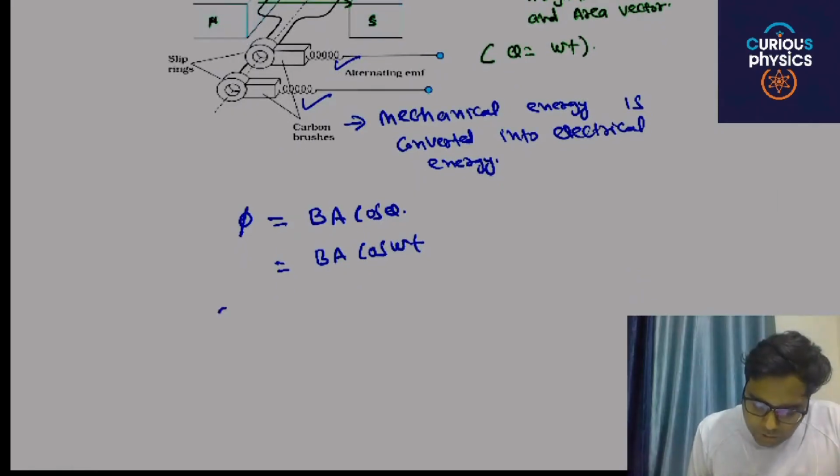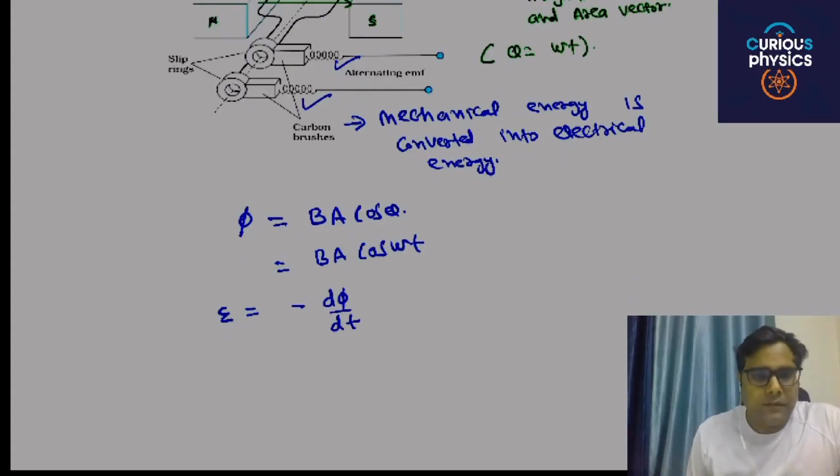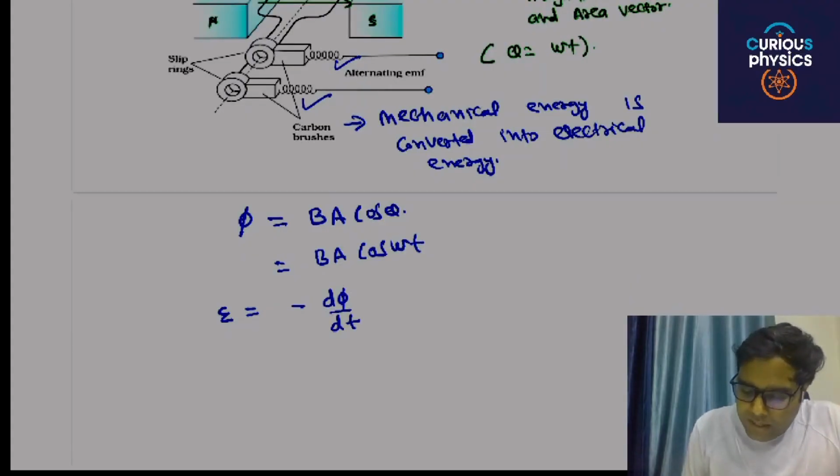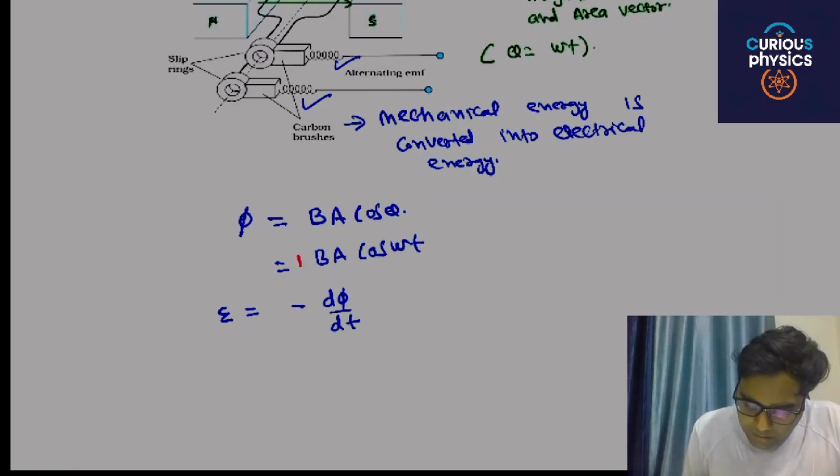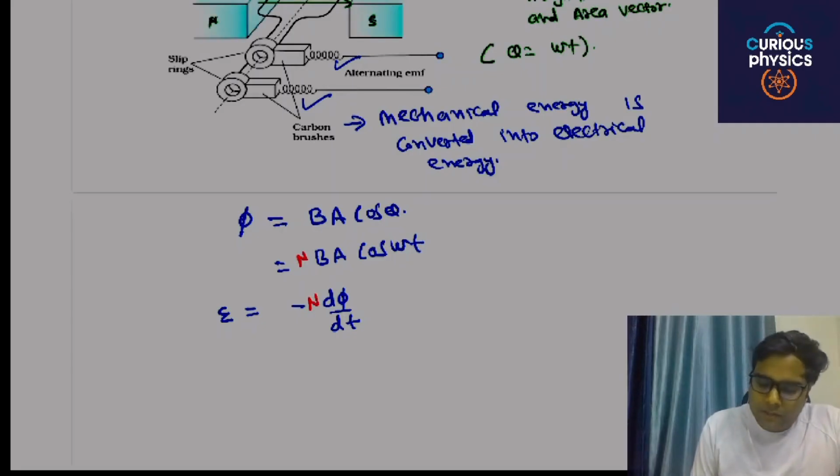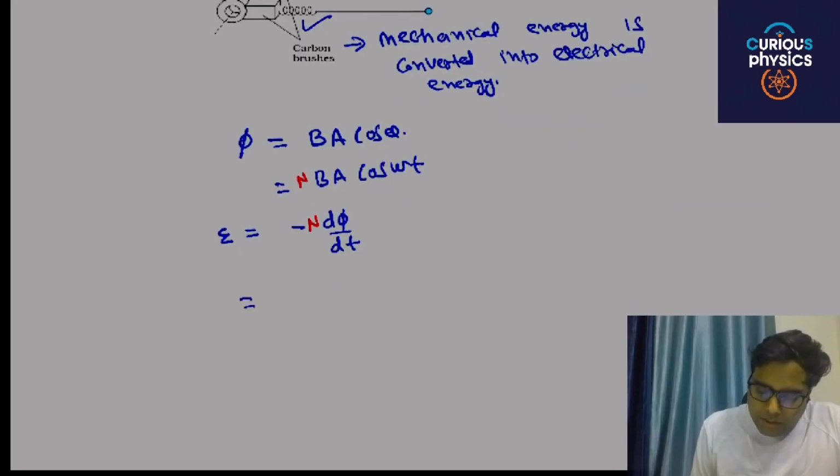Now the induced EMF will be minus d phi by dt. If there are n number of turns, then n will be multiplied here. Now you can write E equal to minus n times the differentiation of BA cos omega t divided by dt.